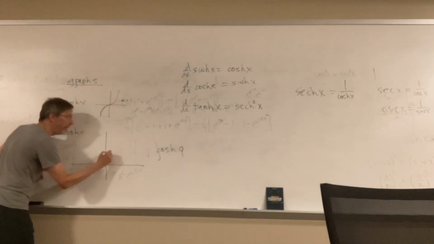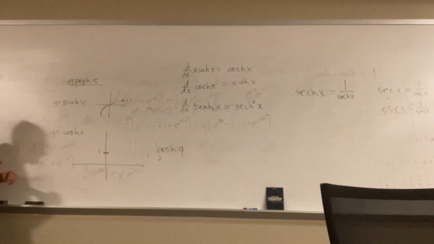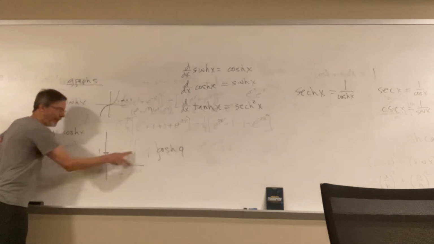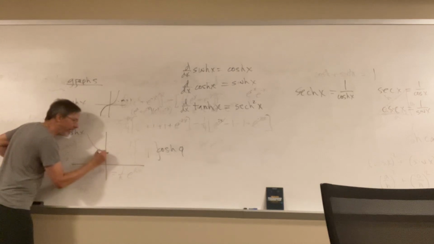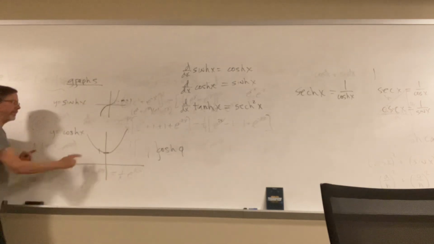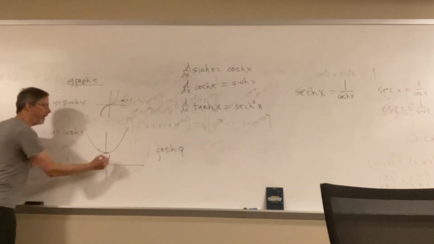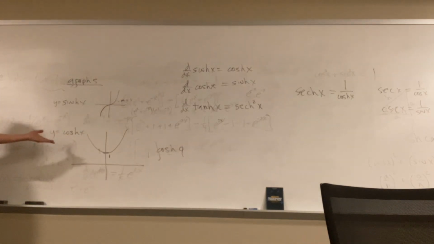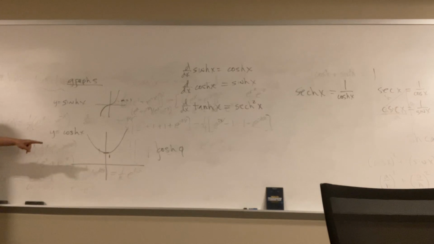So it's just 1, just like regular cosine. What a shock. Except that it doesn't live in here like regular cosine. It looks like this. It goes right through 1 there. Does anybody know what this shape is called? It looks like a parabola.